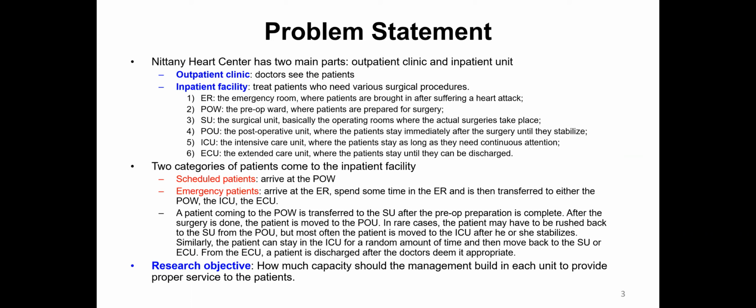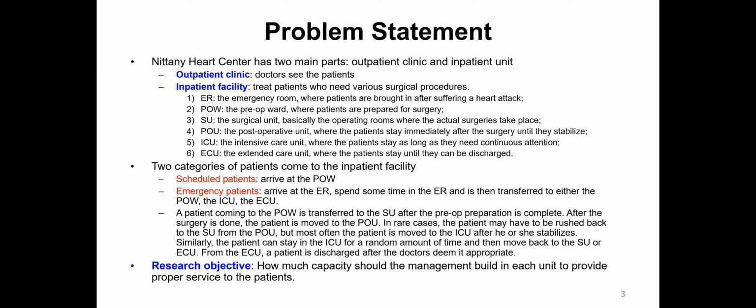But most often, the patient is moved to the ICU after he or she stabilizes. Similarly, the patient can stay in the ICU for a random amount of time and then be moved back to the surgical unit. Or if they are doing well, they are transferred to the extended care unit. Then from the extended care unit, a patient is discharged after the doctors deem it appropriate.